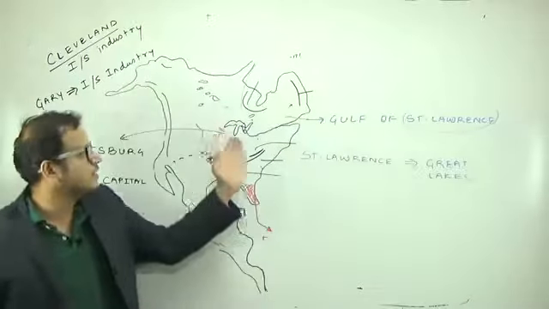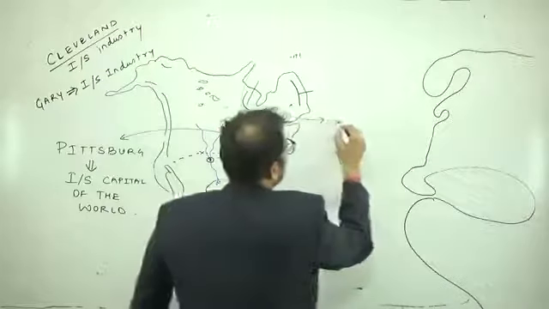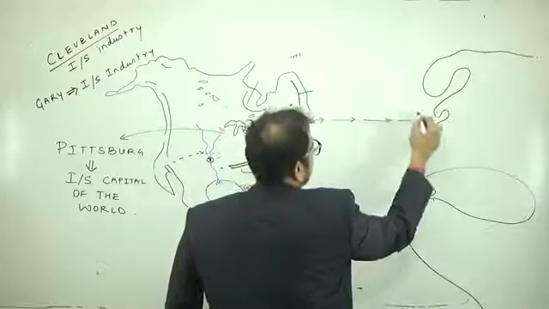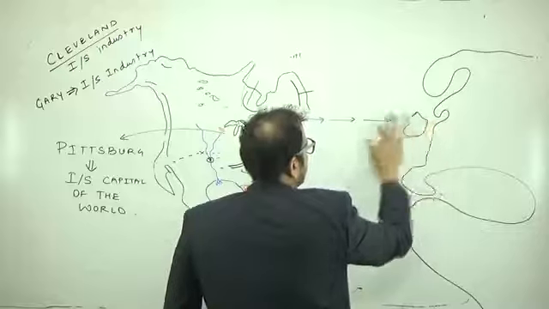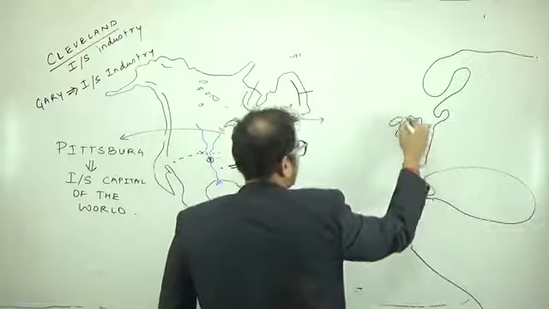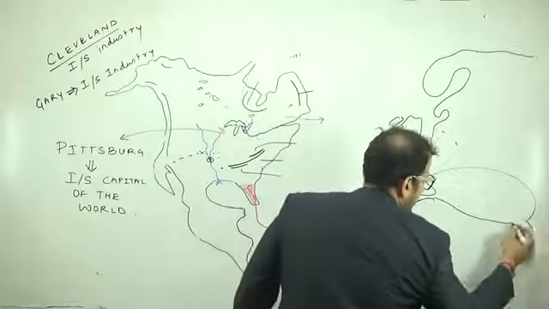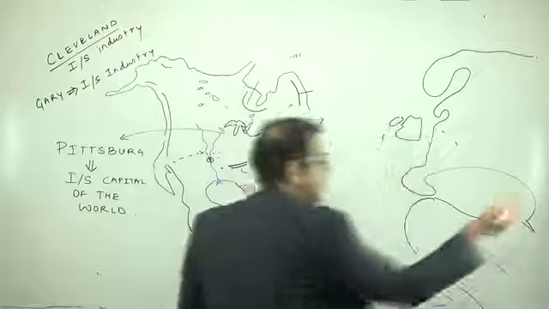After going into the Atlantic Ocean, you see here where it will go. It will go into the European region, which itself is the most advanced region, England, and from there through the Suez Canal into Asia.